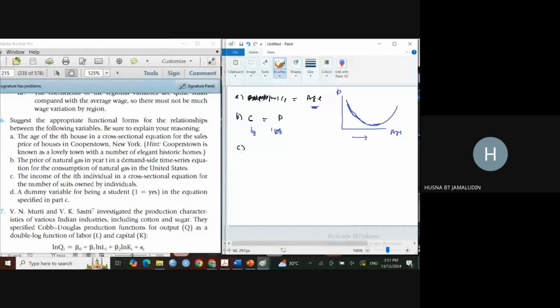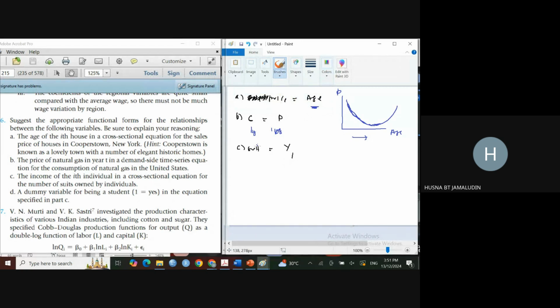So C. The income of the ith individual in a cross-sectional equation for the number of suits bought by the individual. So this is the number of suits, and this is the income. What is the relationship? The higher your income, the more suits you will purchase, right?